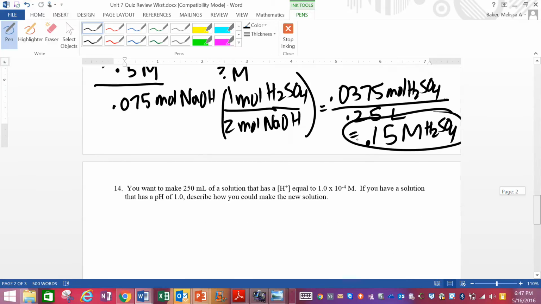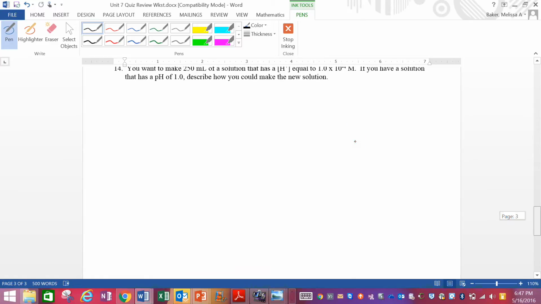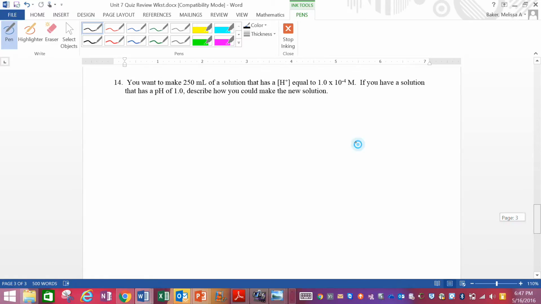And the last problem. You want to make this solution and you've got a stock solution. The concentration of the stock solution is 1 times 10 to the minus 1, which is the same as 0.1. So anytime you see that you've got this stock solution, you're making a new solution, this is a dilution question.